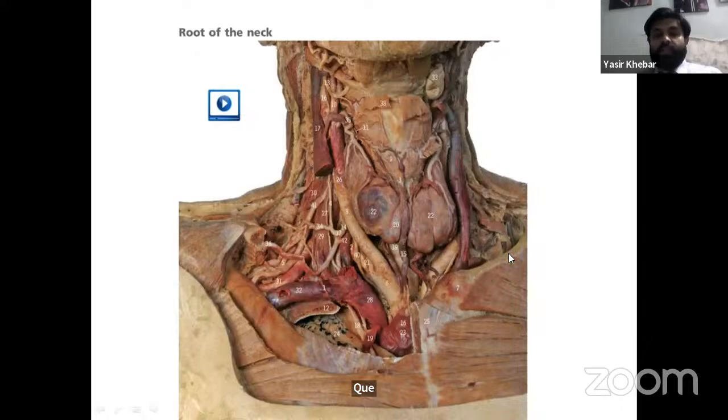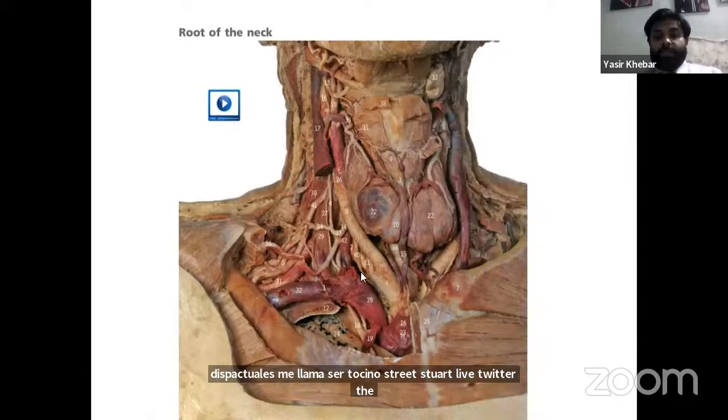You can see that on one side we have the clavicle intact and various muscles attached to it. On the other side, however, we have cut out the bones and exposed the pectoralis major muscle to see the structures lying beneath. Today, we are dealing with the various major vessels within this region, so we will be talking about these vessels specifically.